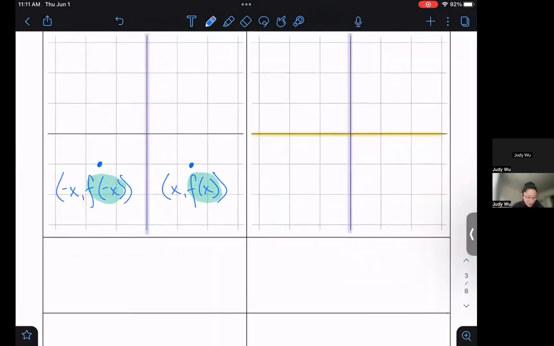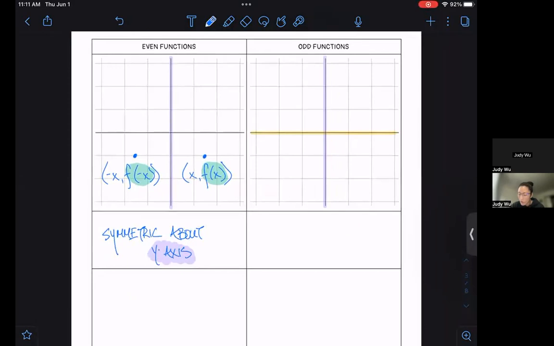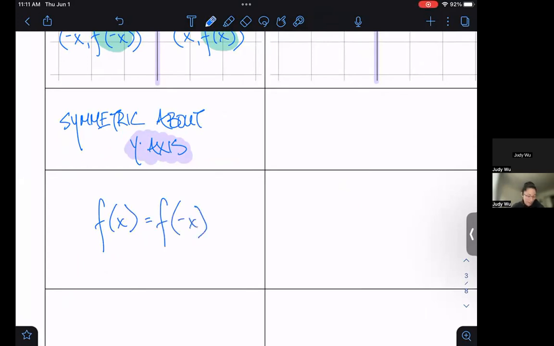So let's write a few things down here. For an even function, we know that this is symmetric about the y-axis. We talked about that, that's not a surprise. But in terms of algebra, how would we write it? We would write f of x equals f of negative x, all right?